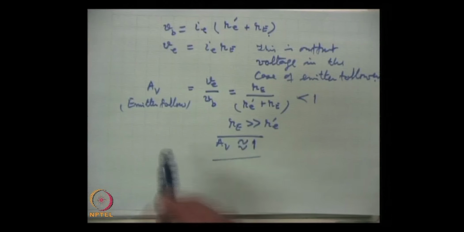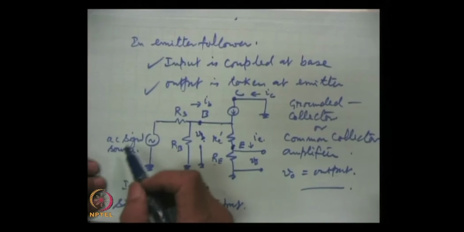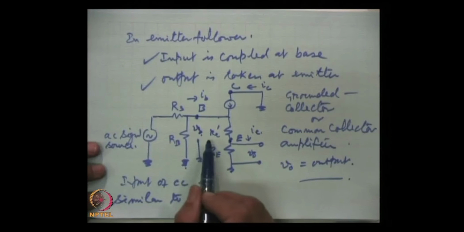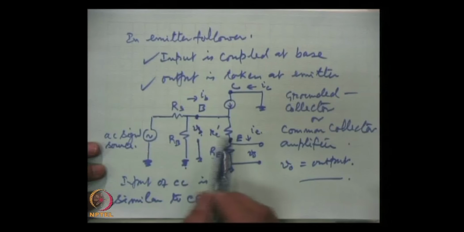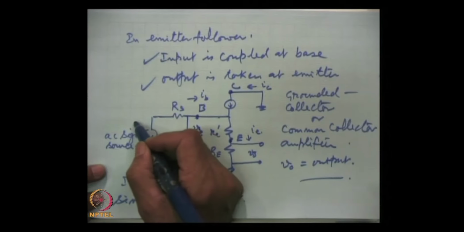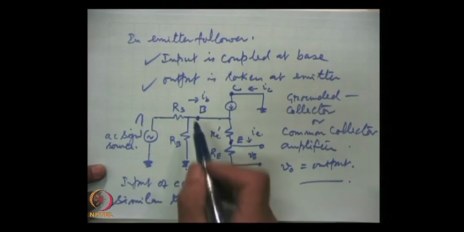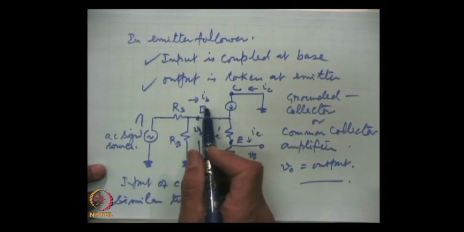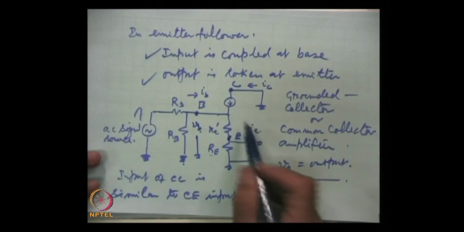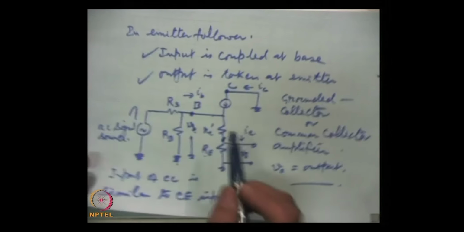And here let us look at the phases. There was a phase reversal in common emitter. In this case there is no phase reversal. When this signal goes up in the positive direction, this will enhance IB. If IB increases, then IE will also increase, and so they are in phase.